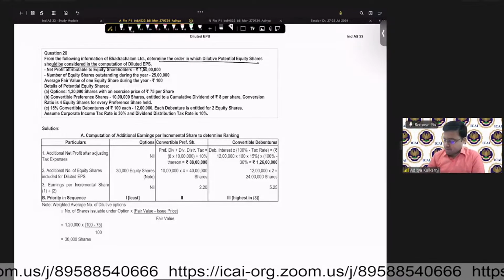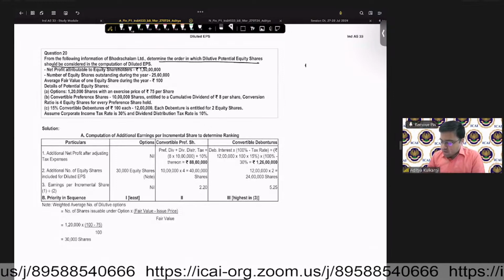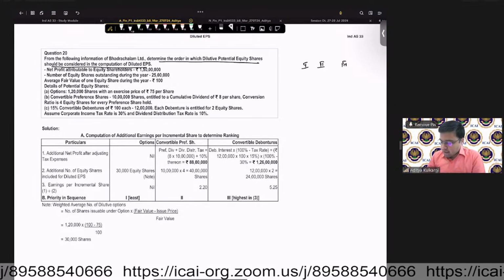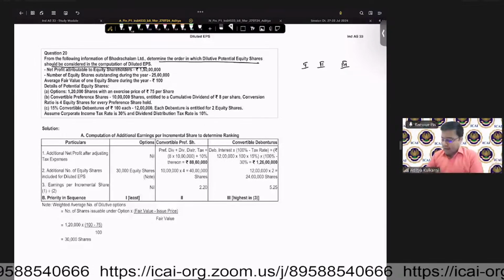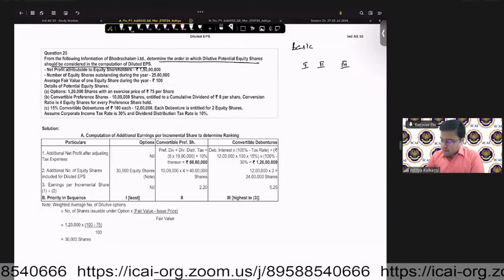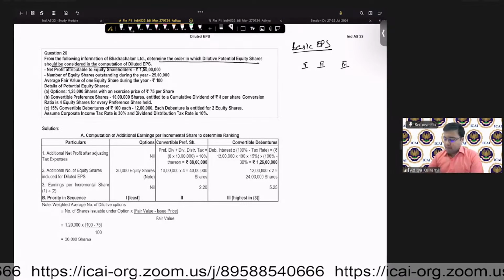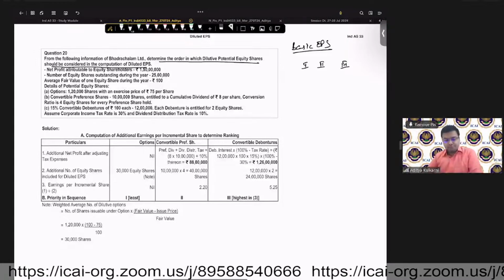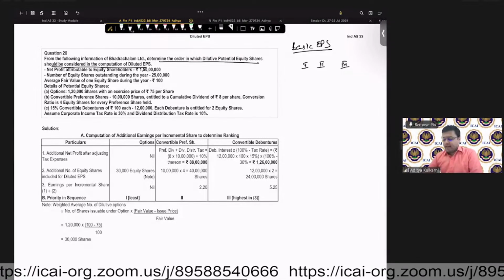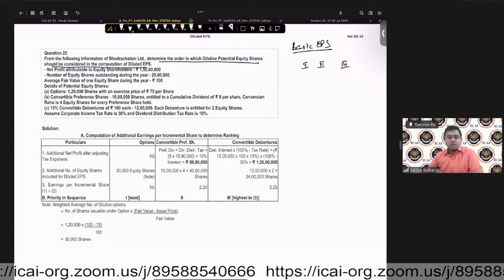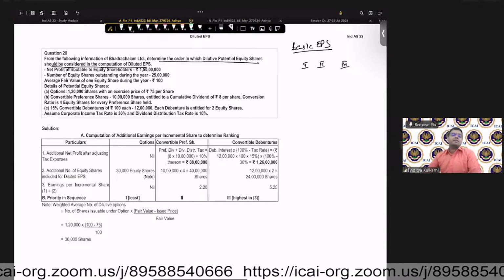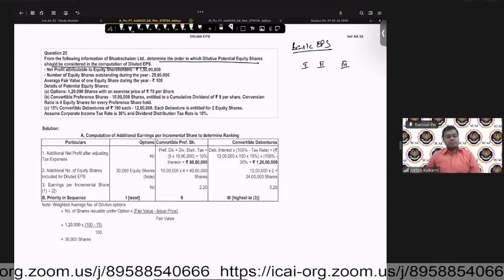Suppose I have dilutive instruments 1, 2, and 3, and I have my basic EPS. So what I do is basic plus first dilution, what will be the number? Basic plus first plus second dilution, what will be the number? Basic plus all the three together, what will be the number?